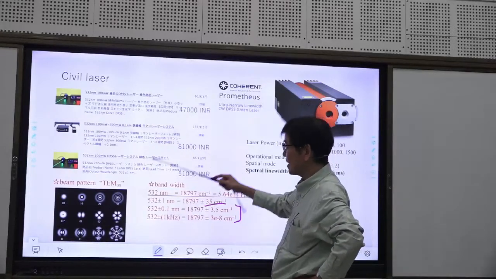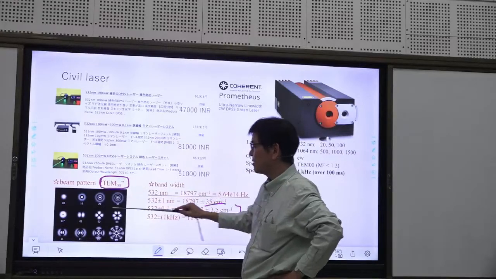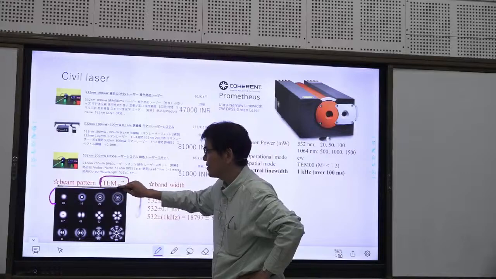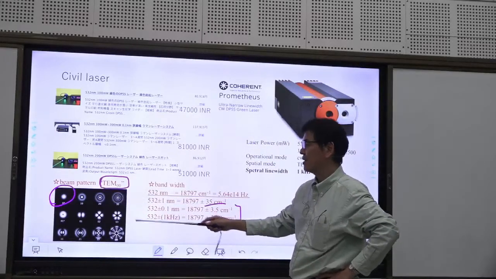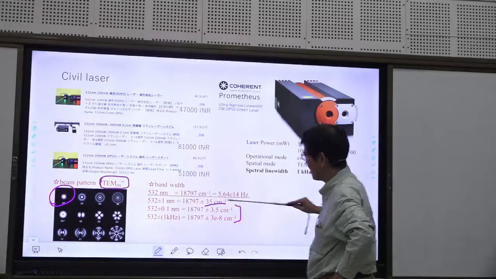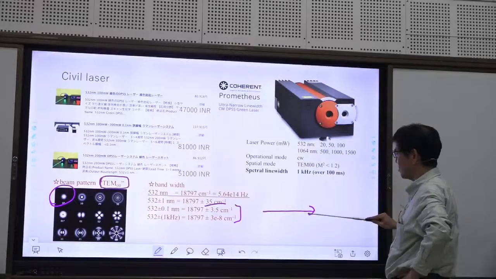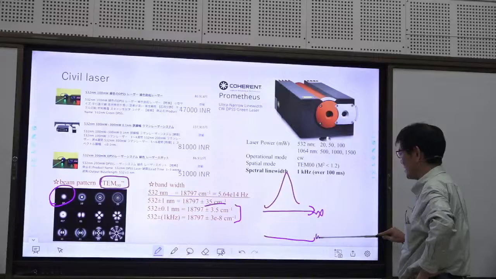Also, beam pattern should be TEM00. Please make sure. TEM00 is this type. There are several patterns, and if you choose TEM00, intensity distribution along x-axis is Gaussian, y-axis Gaussian.